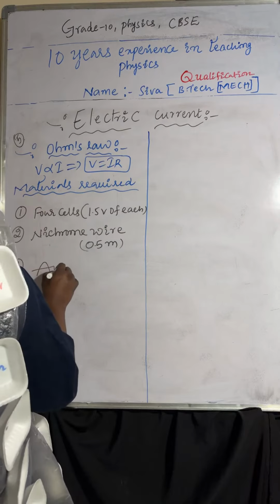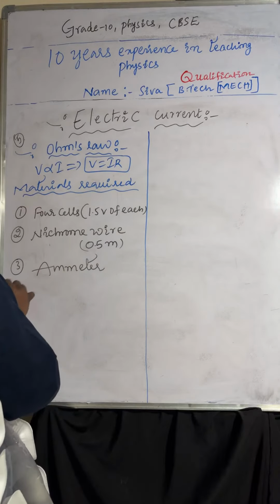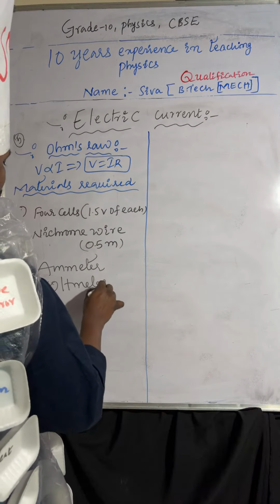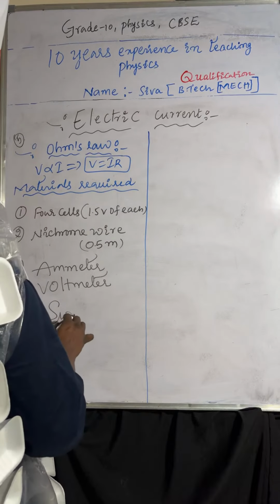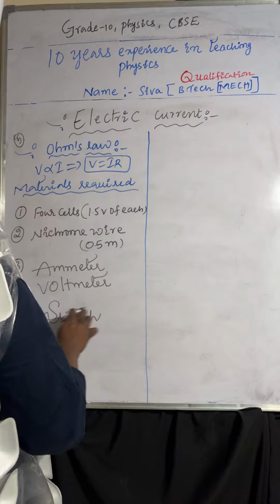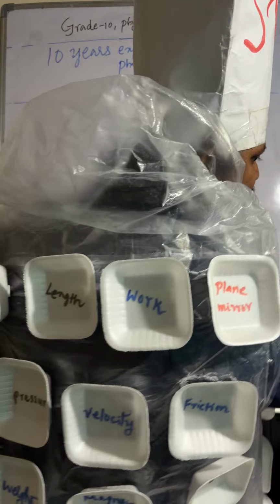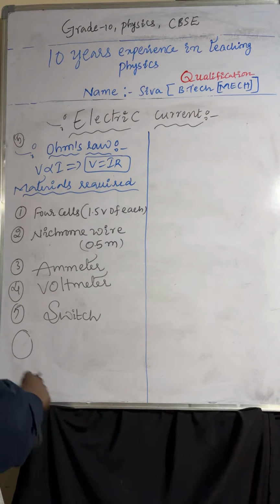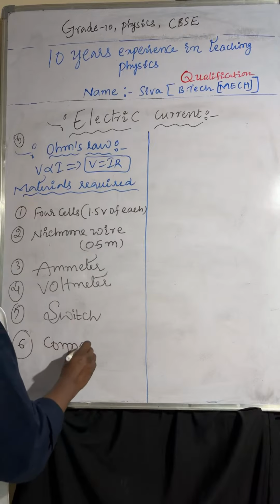And coming to the ammeter, and the fourth one is voltmeter, the fifth one is switch, and the sixth one is connecting wires.